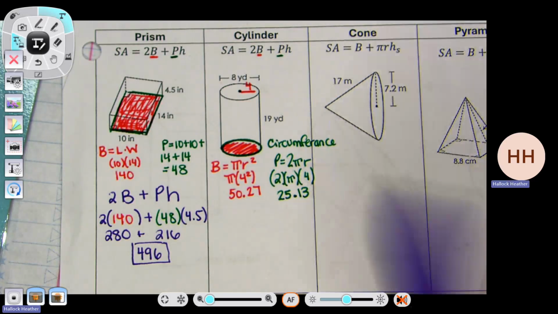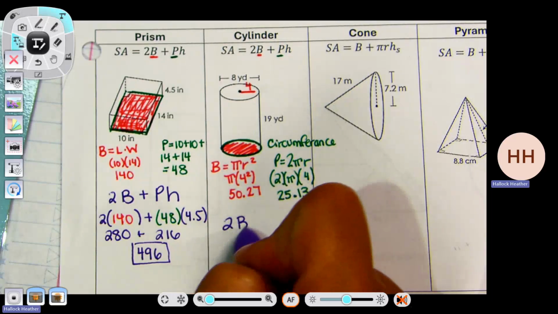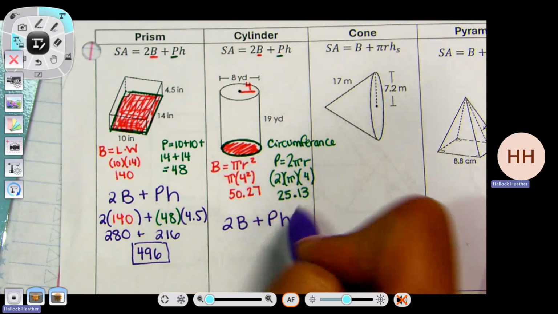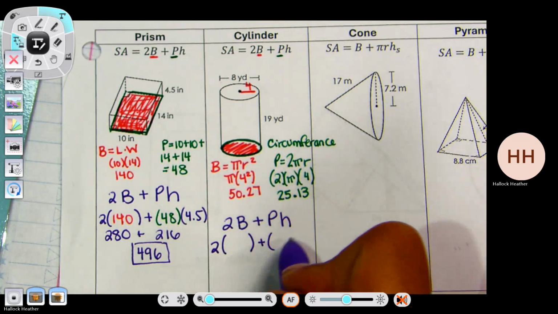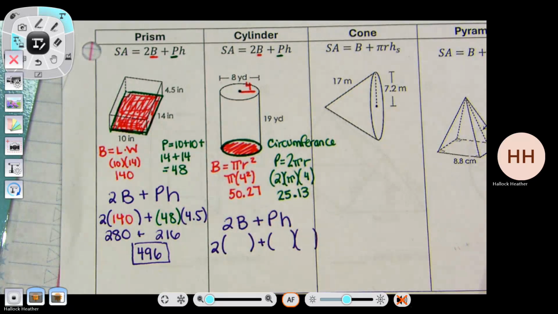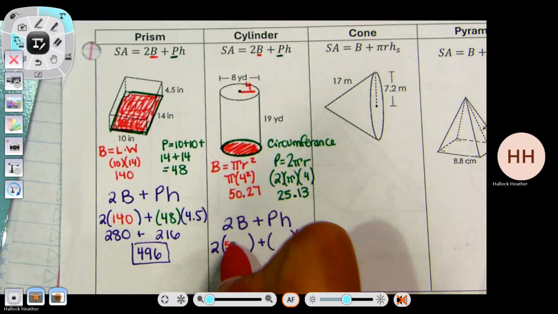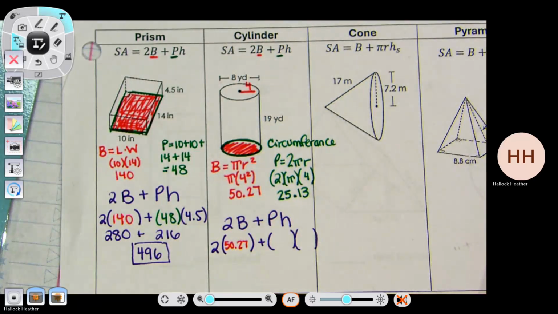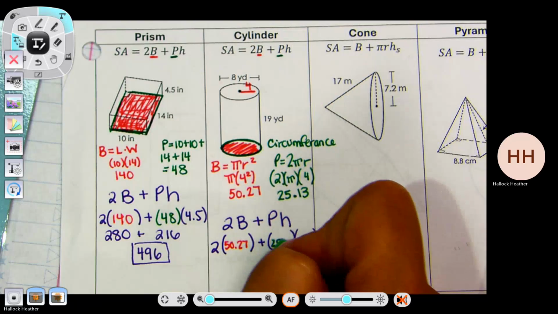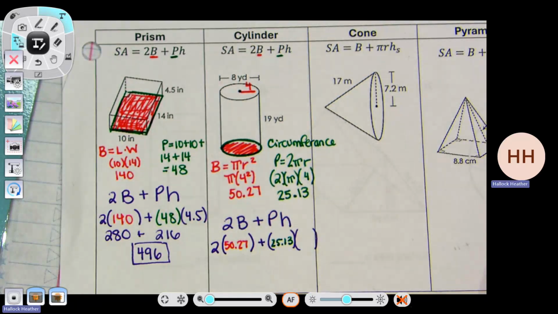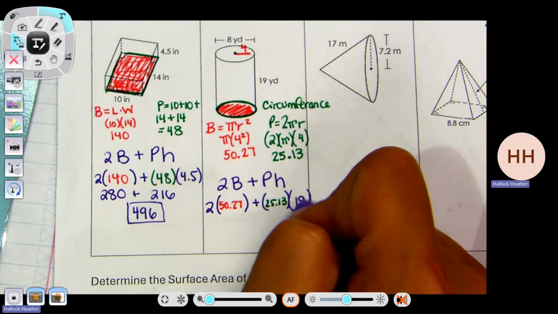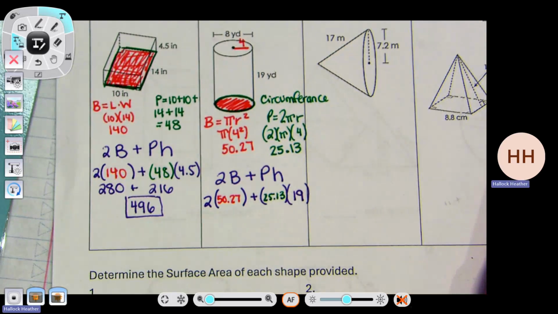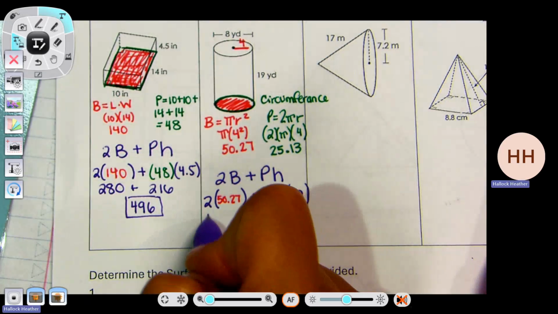We're going to plug it into the same formula we used before, 2B plus Ph. How much is the height? 19. So we're going to multiply, then add them together. You cannot plug this into the calculator all at once.